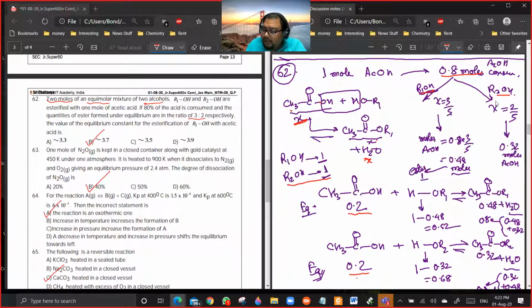Okay, so if that is the case, then what will be the moles? You see 0.8 moles and the fraction 3/5 of this 0.8 moles is reacting with R1OH. So moles of acetic acid which is reacting with R1OH will be 0.8 into 3/5. Are you getting this? And moles of acetic acid which is reacting with R2OH is 2/5 into 0.8.